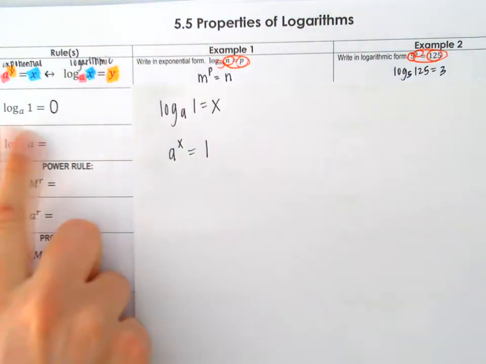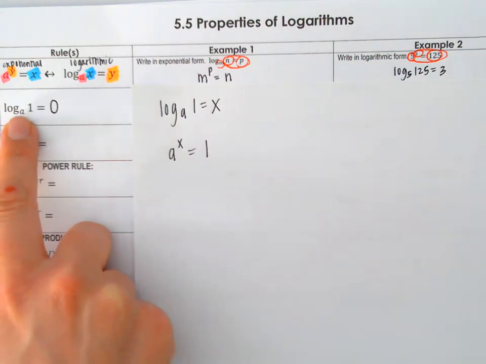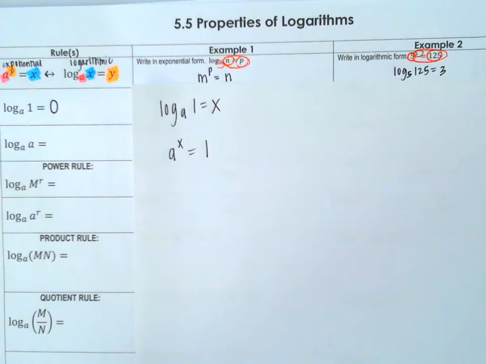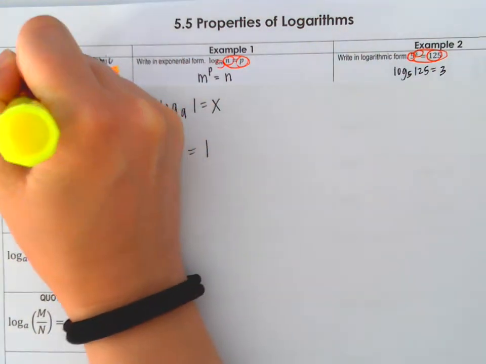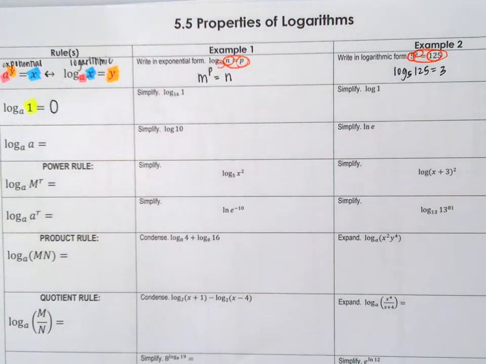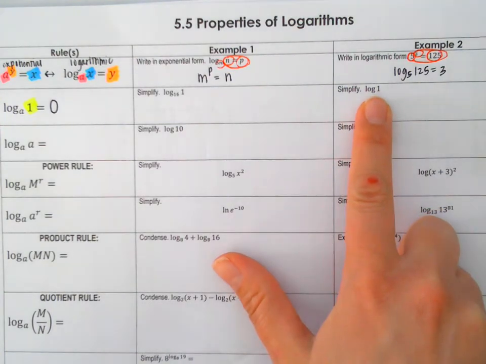So anytime the argument is equal to 1, no matter what the base is, it's going to be equal to 0. What's key here is that the argument is equal to 1. Okay, so look at your 2 examples, log base 16 of 1. And then also with this one, there is no base. When there is no base, what can you assume the base is?